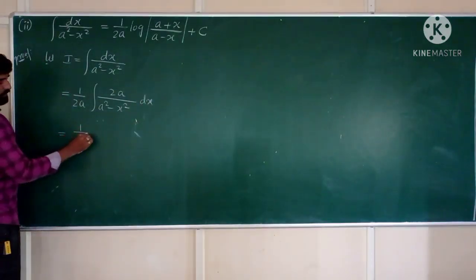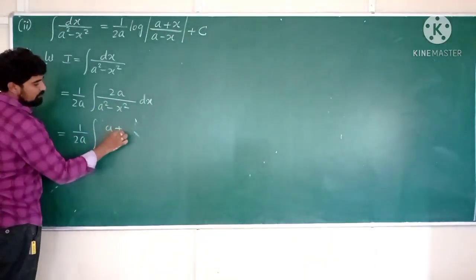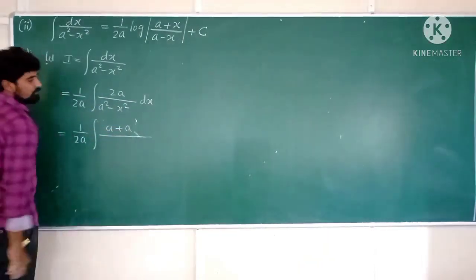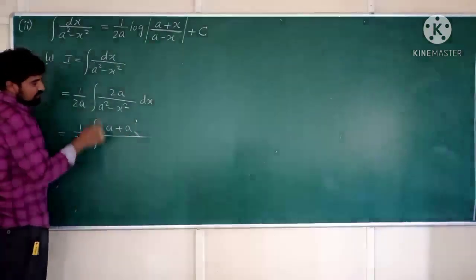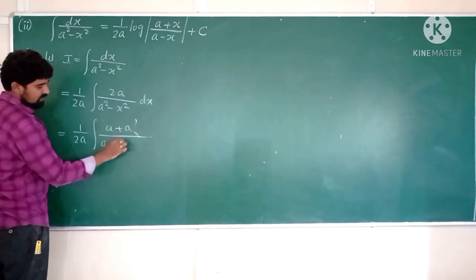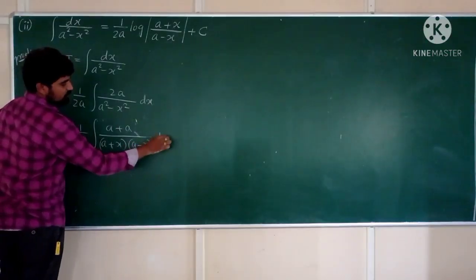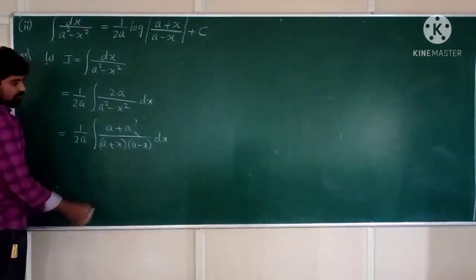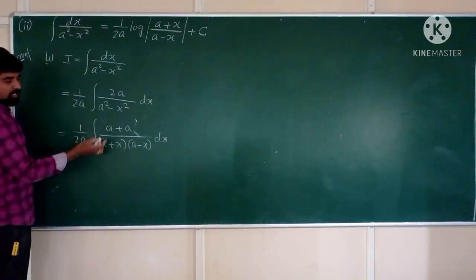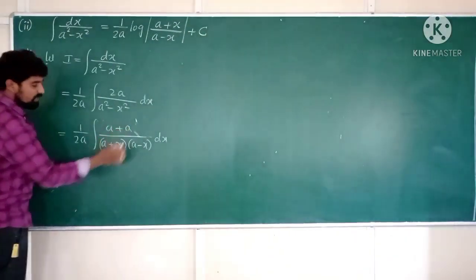which is equals to 1 by 2a integration of 2a can be written as a plus a, divided by, using the formula a square minus b square, a square minus x square can be written as (a plus x) into (a minus x) with respect to x, dx. Now, to convert the numerator in the form of denominator, we need to add and subtract x to the numerator.